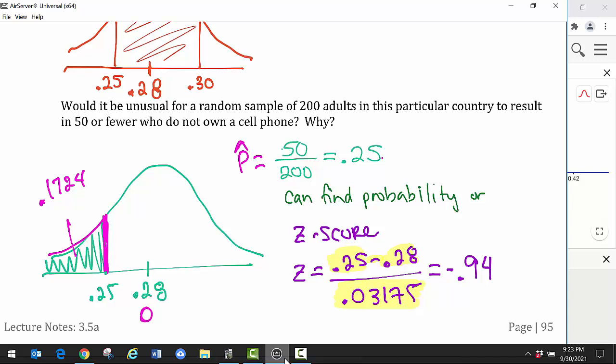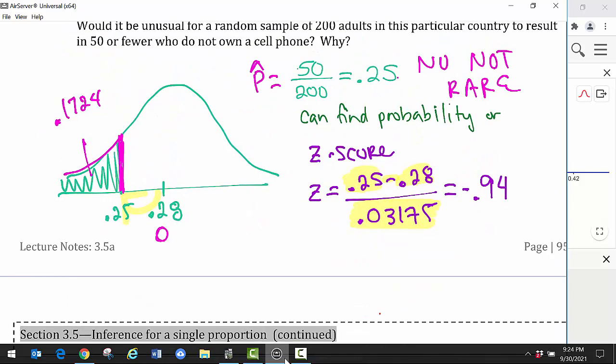And it's only negative 0.94 standard deviations below average. It's not that low. So again, it's not rare. Less than 2 standard deviations away is not rare, 3 standard deviations is very rare. So both of these show that no, not rare. And that's it. Thank you.